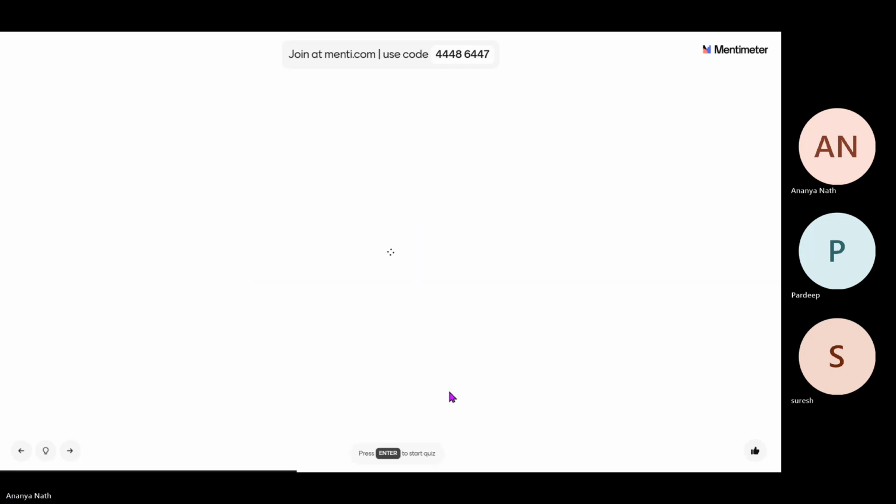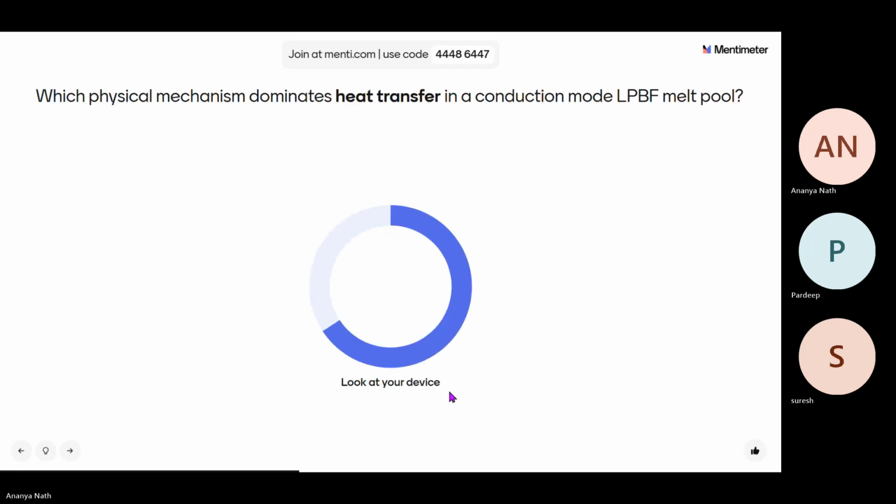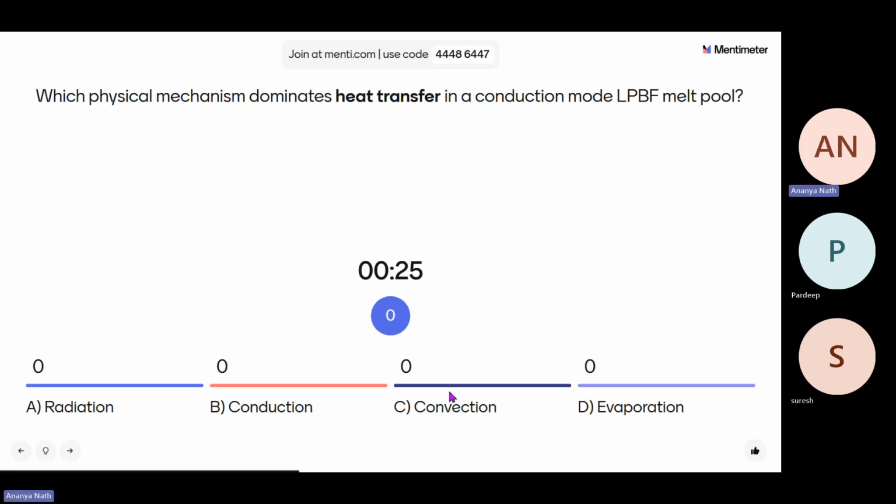Okay. Ninth question. Which physical mechanism dominates heat transfer in the conduction mode of SLS?